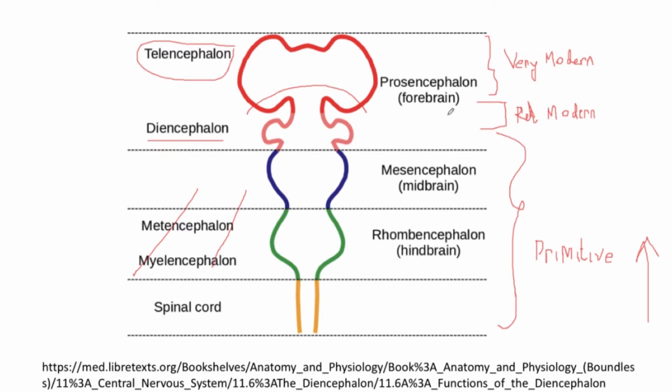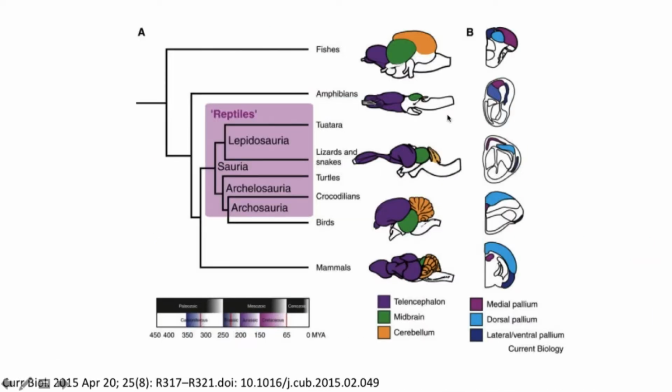Now, if I actually look into different brains, if I try to compare the brains of higher order animals like mammals with reptiles like turtles, you would see that these three important parts of the brain, that is the telencephalon, midbrain, and the cerebellum, are mostly present in almost all of these.